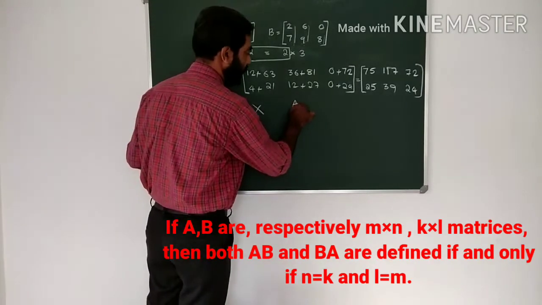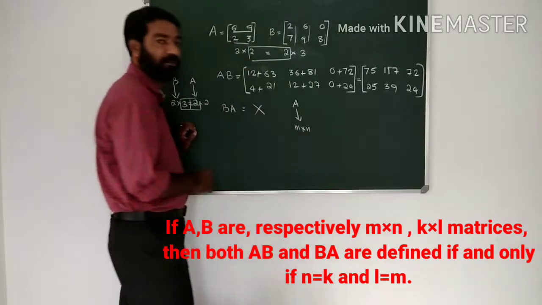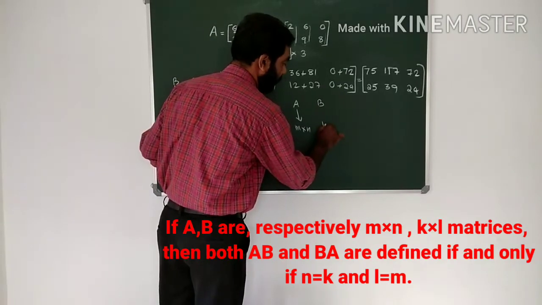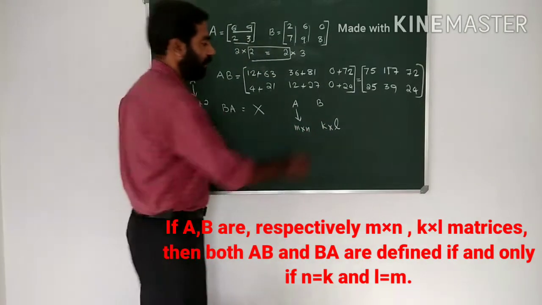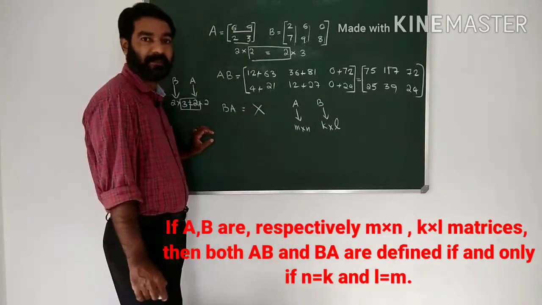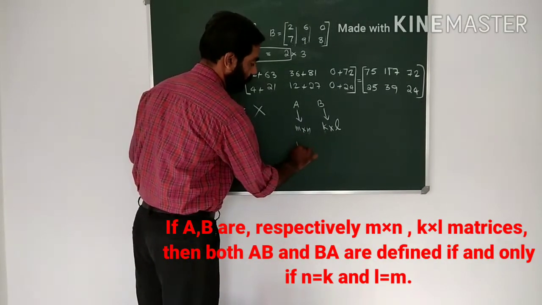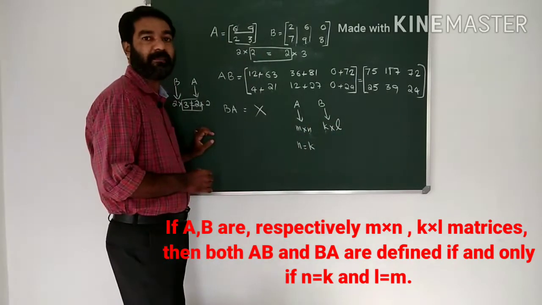Now, suppose A is an M by N matrix and B is a K by L matrix. Here, if N is equal to K, that means AB is possible.